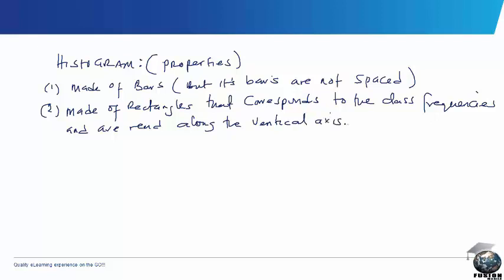The class boundaries of the data we want to present are marked on the horizontal axis, at the points where the lines for the bars of the rectangles are drawn. Alternatively, if you don't want to use this method, you can use the midpoints of the bases of the rectangles.